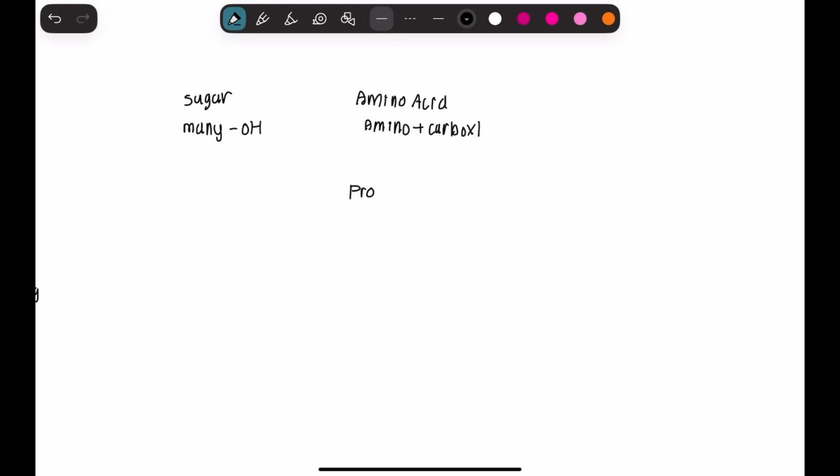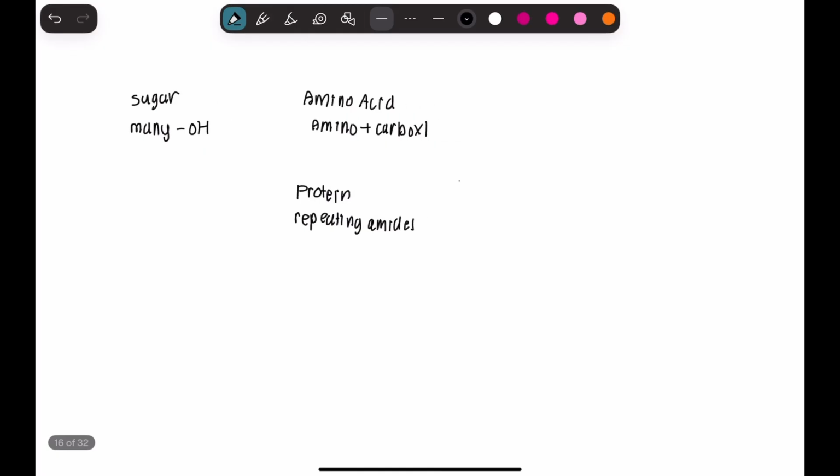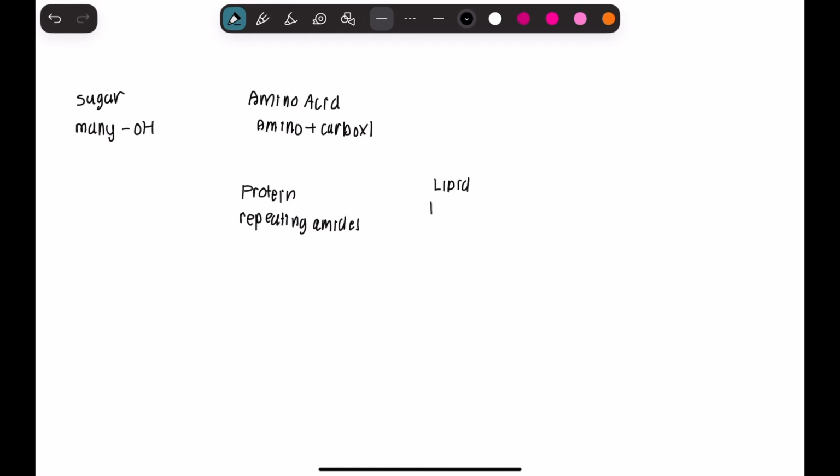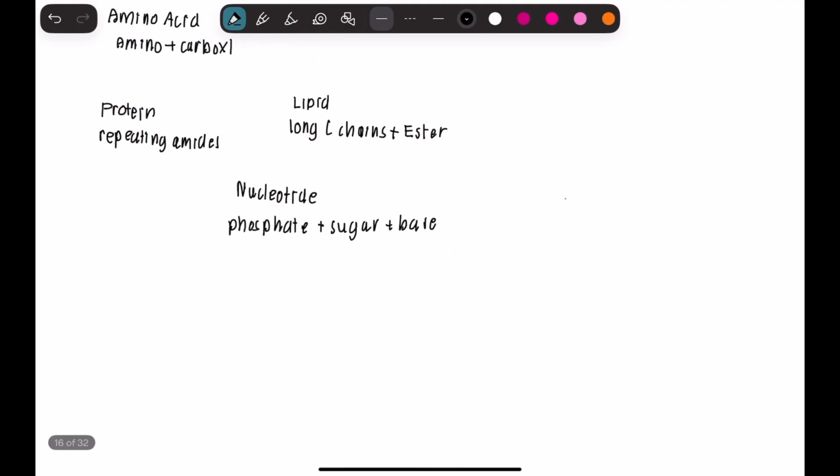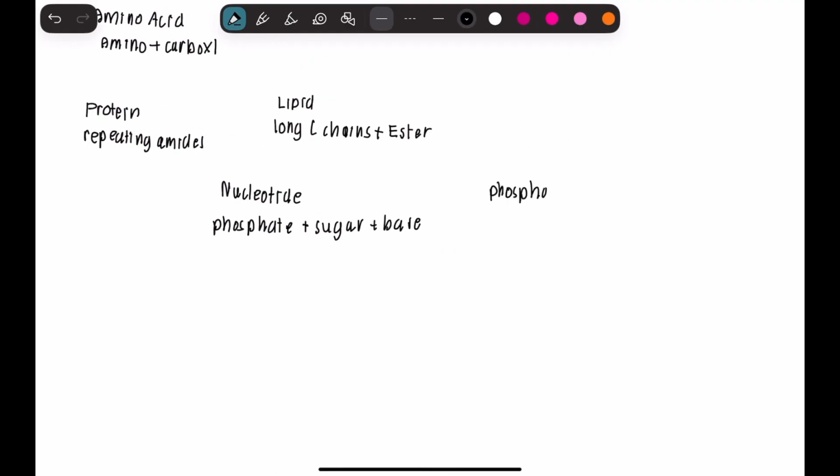If you have a protein, that's probably going to be repeating amides. If you have a lipid, it means you have long C chains, and you also have ester. If you have a nucleotide, that means you have a phosphate plus a sugar plus a base. And if you have phosphate alone, that means it's probably for just energy or signaling.